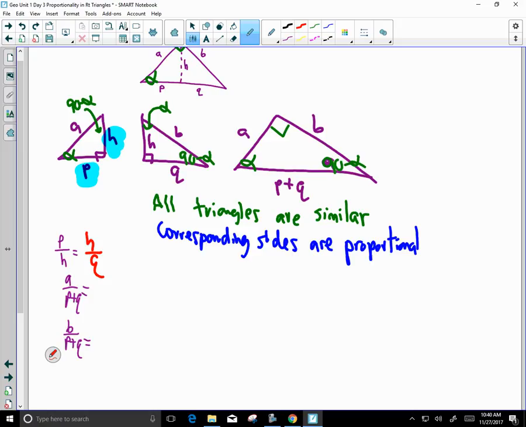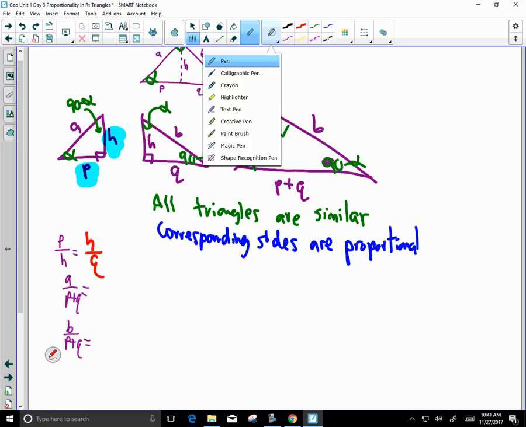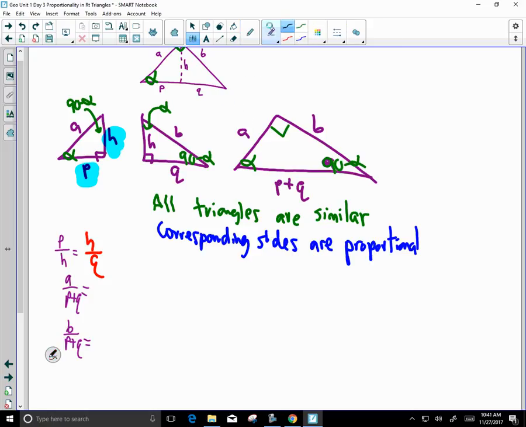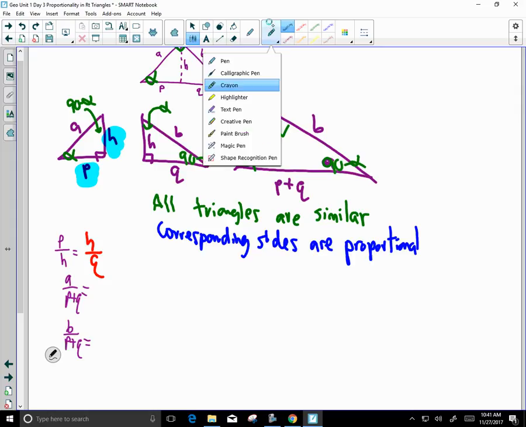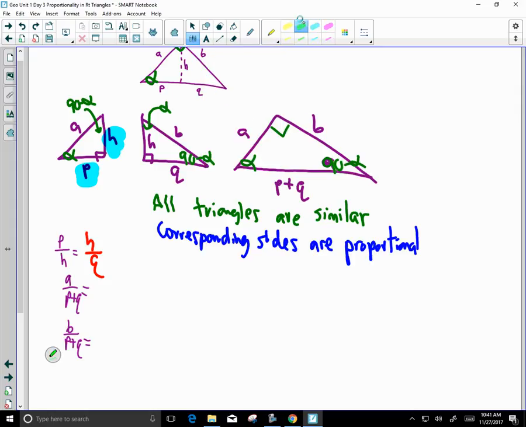How about A is to P plus Q? So that's going to be this one. A is to P plus Q as what? What do you think?